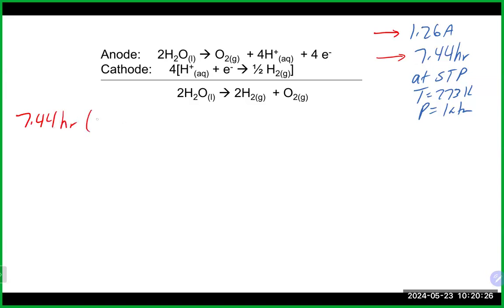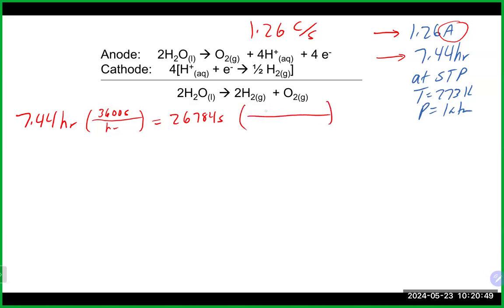There are 3,600 seconds in an hour, so 7.44 times 3,600 is about 26,784 seconds. Remember that an ampere is the same as a coulomb per second, so we use that to get our charge. The seconds cancel, and we end up with about 33,747.84 coulombs.